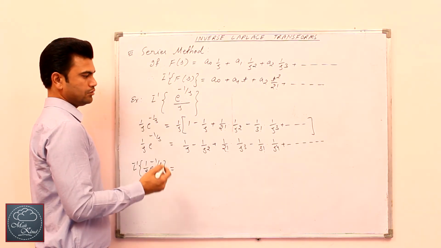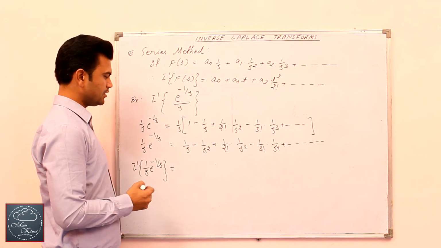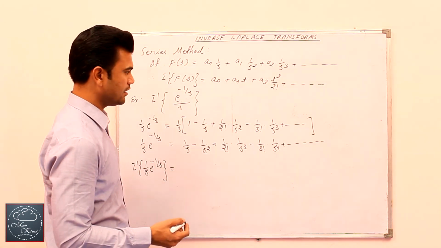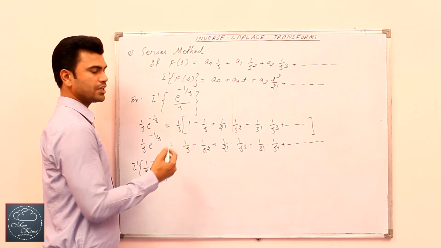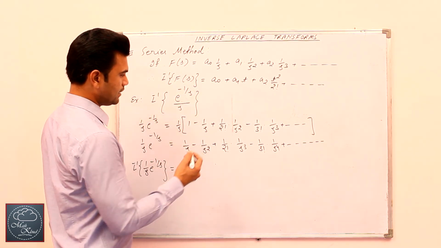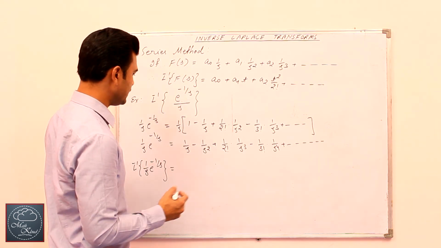And as you know, the inverse Laplace operator is linear in nature, and you know the inverse Laplace transform of 1 over s power n. So here n is an integer in all the cases.